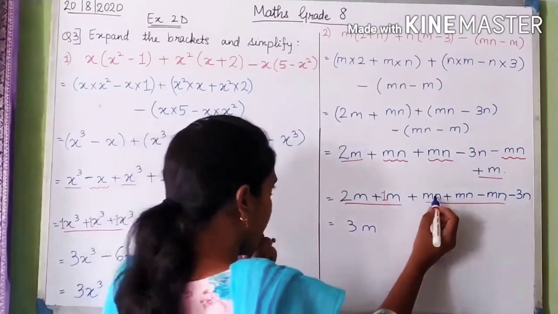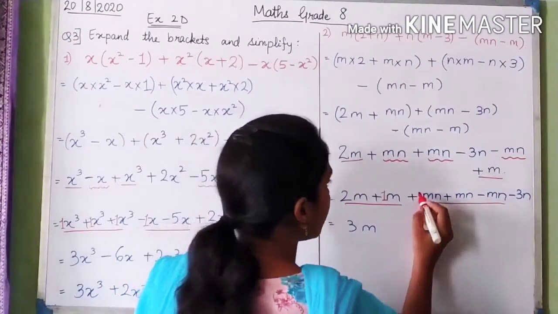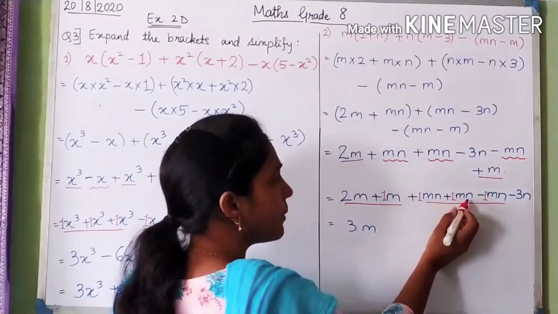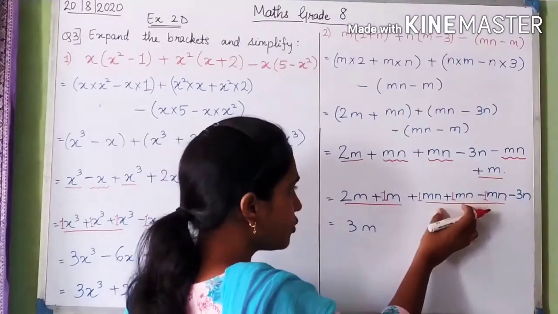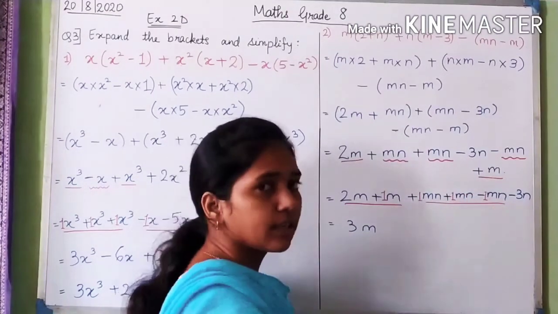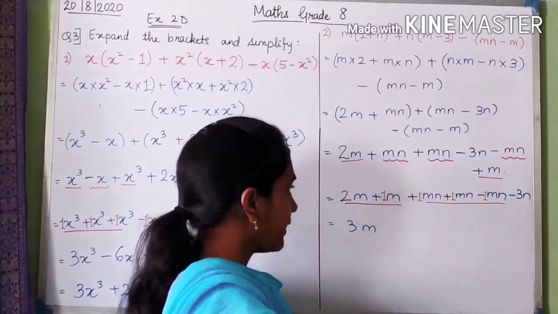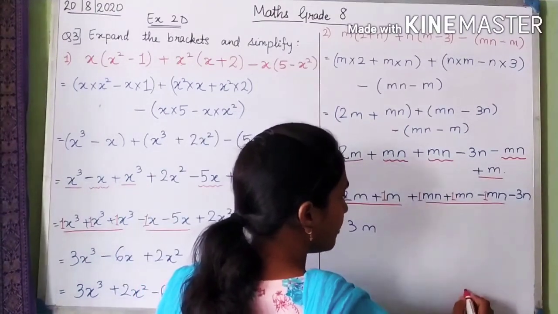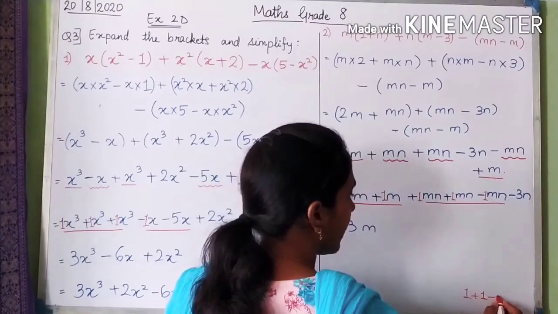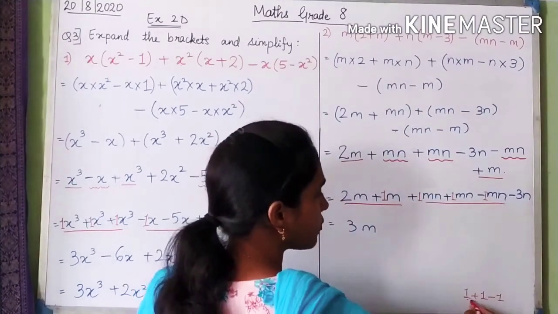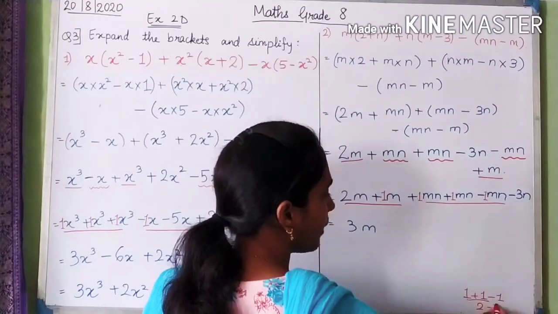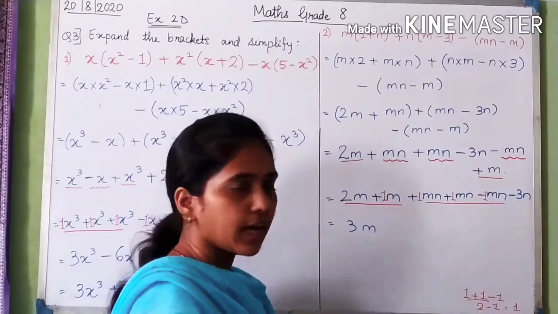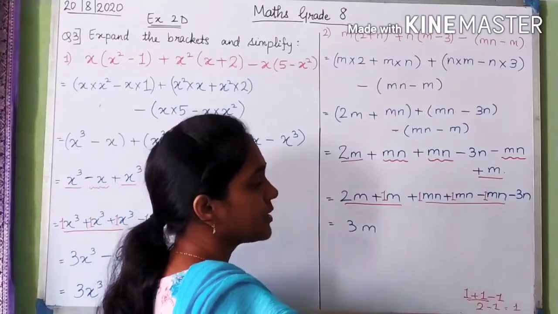Then 1mn plus 1, there is no number, means here there is 1. So 1mn plus 1mn is 2mn. This 2mn minus 1mn is 1, right? It is 1 plus 1 minus 1. So 1 plus 1 is 2. Then 2 minus 1 is 1.